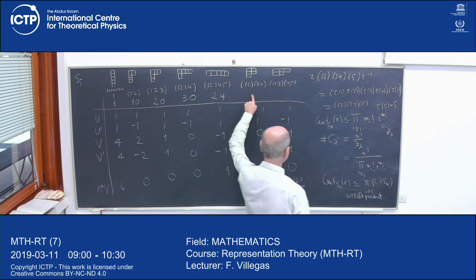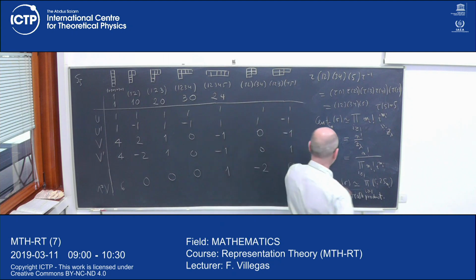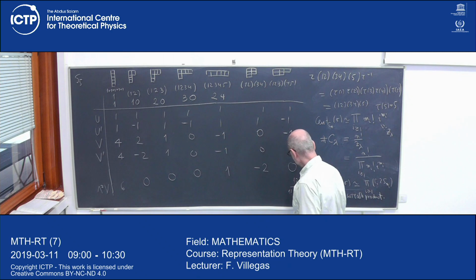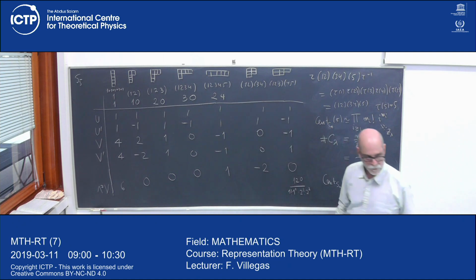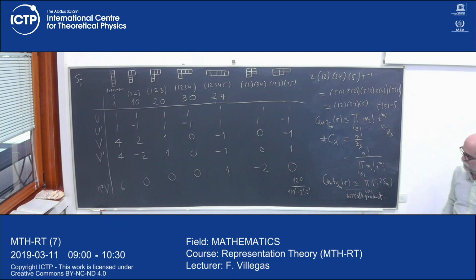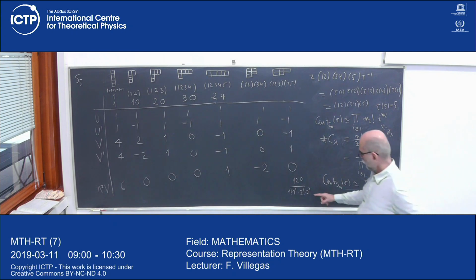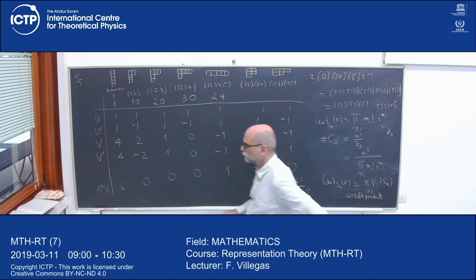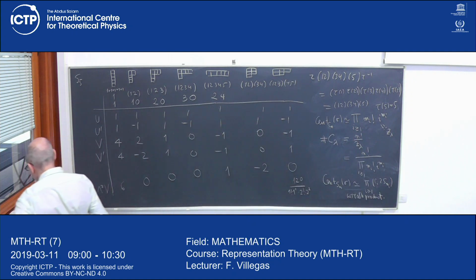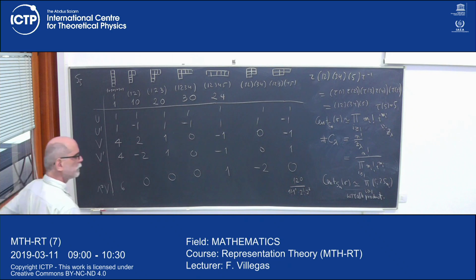The centralizer of this element, there's only multiplicity 1 and multiplicity 2, so let me write it out: 1 factorial times 1 to the 1, times 2 factorial times 2 to the 2, because there's two cycles. So that would give 4 times 2 is 8, 120 over 8. It should be 15, is that right?